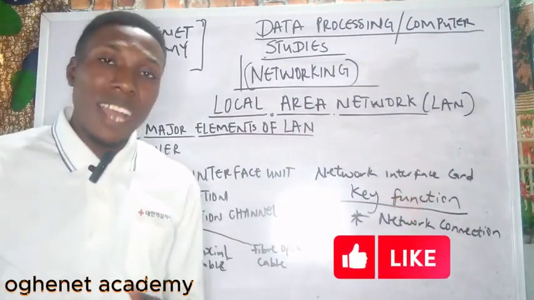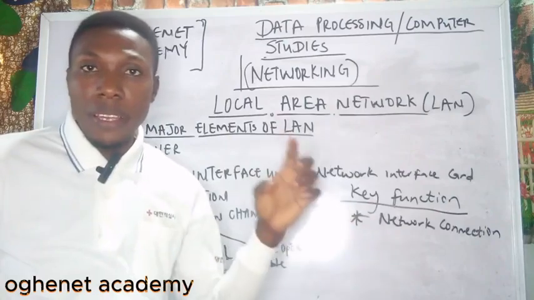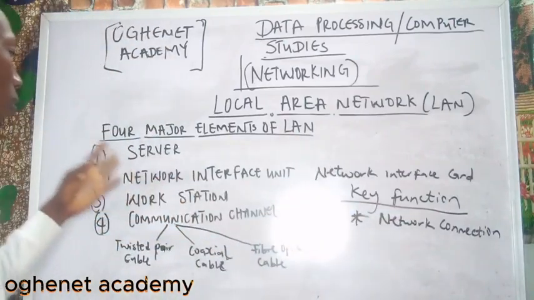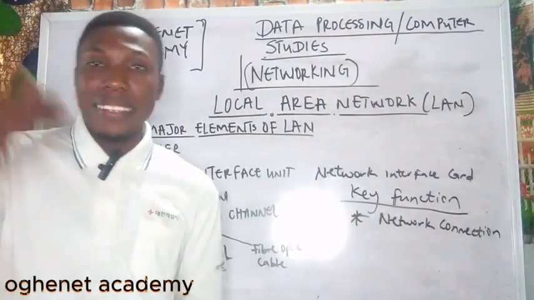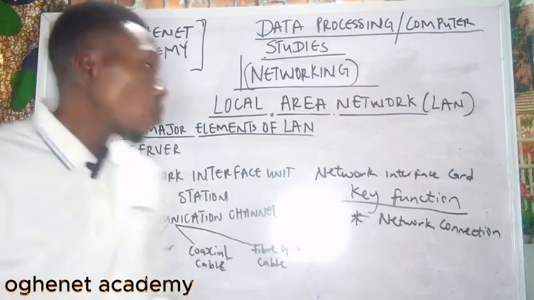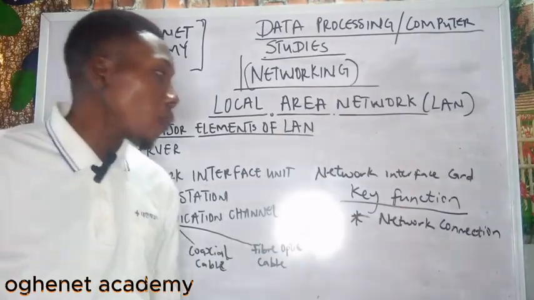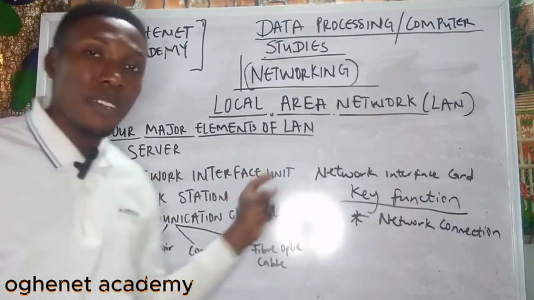It serves as a connection point between, like I said, the workstation and the server, whereby data can be transferred. So this is one of the key functions of the network interface unit.